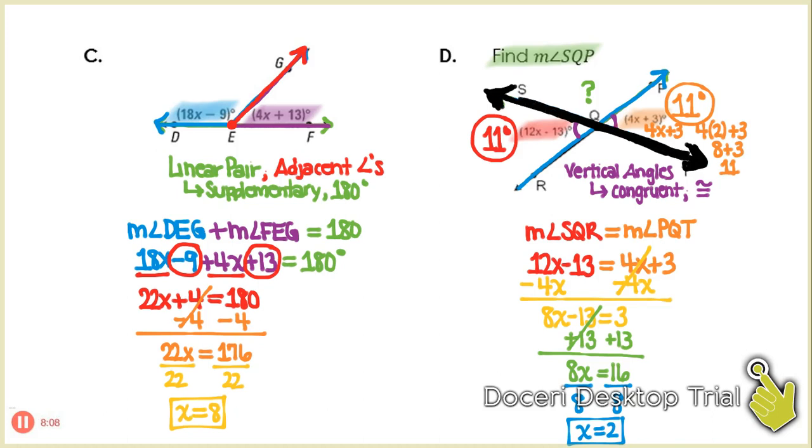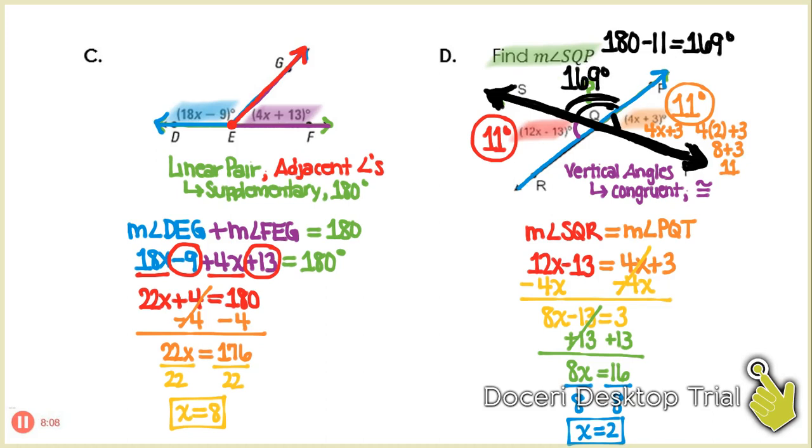And I know that the angles that form that straight line should add up to be 180. So I know that this angle right here plus this angle right here should add up to be 180. So if that orange angle is 11 and I'm trying to find the green angle, and they're supposed to add up to be 180, I can take 180 minus 11, and that's going to give me 169 degrees.